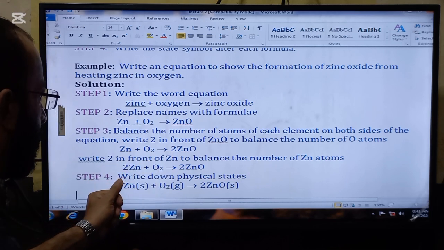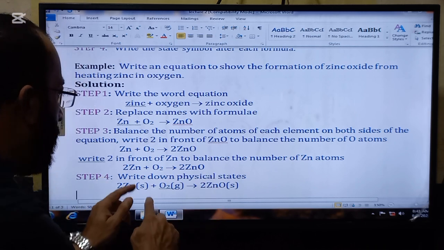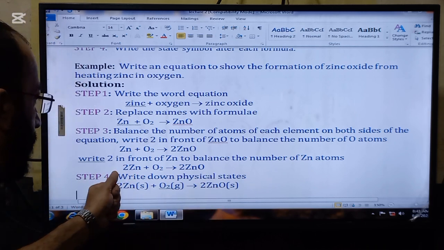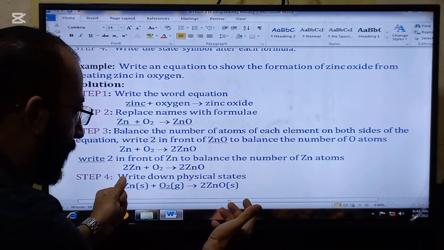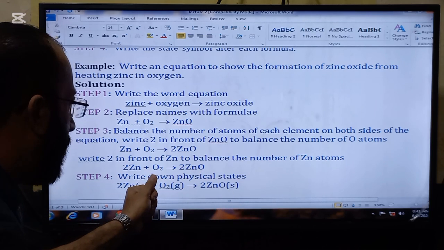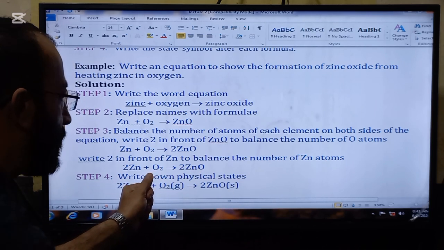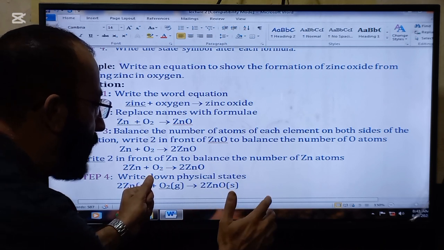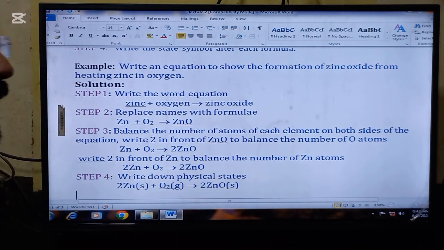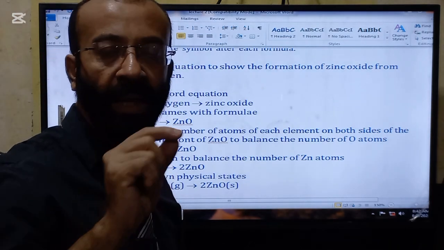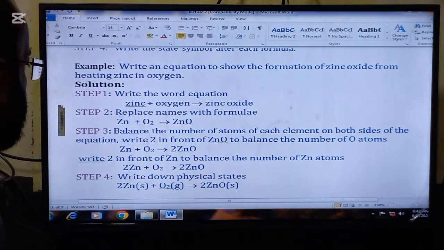If at this step you look at the equation, on the left hand side there are two Zn atoms, and on the right there are two as well. On the left there are two oxygen atoms, and on the right hand side we have two oxygen atoms as well. So this is a balanced equation. And the fourth and last step is to write the state symbols.